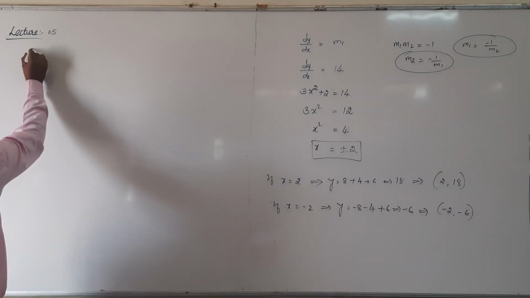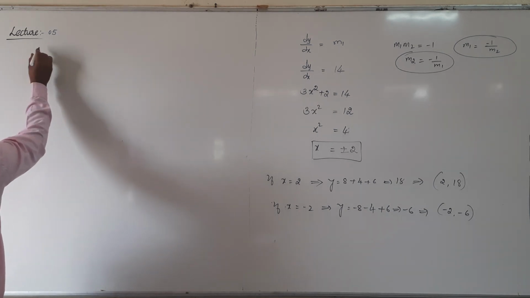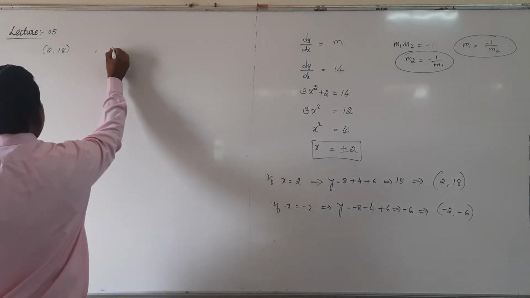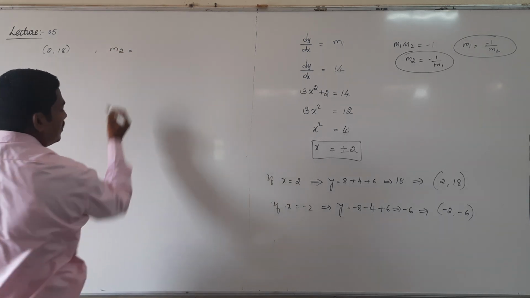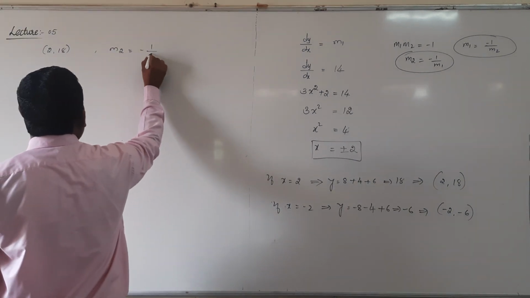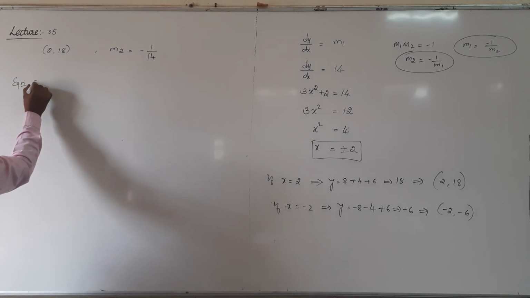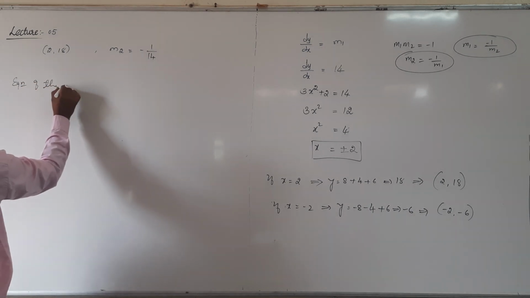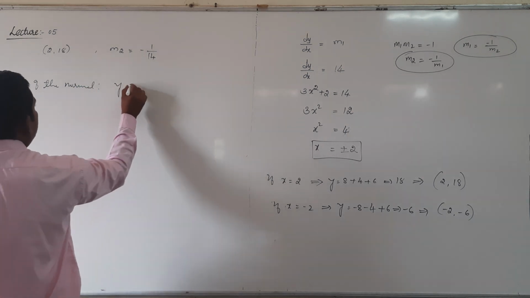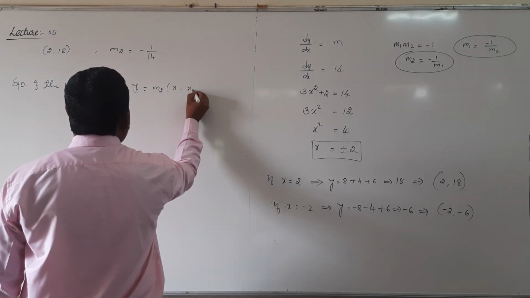First case, at 2 comma 18, with slope, what is the slope in this case? Minus 1 divided by 14. Now write the equation of the normal: y minus y1 is equal to m2 into x minus x1.